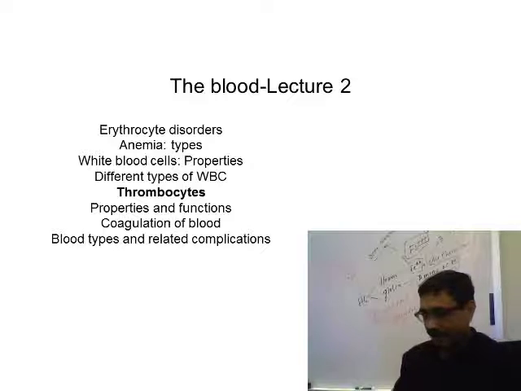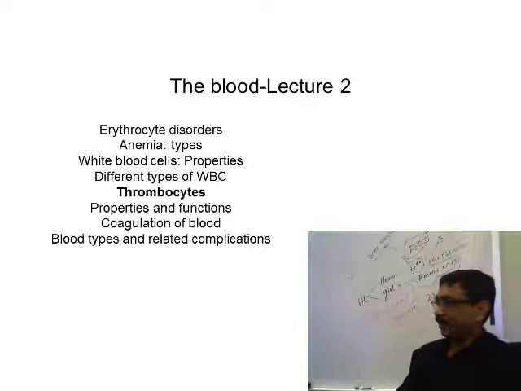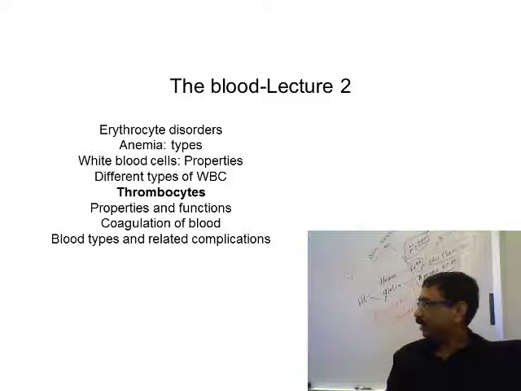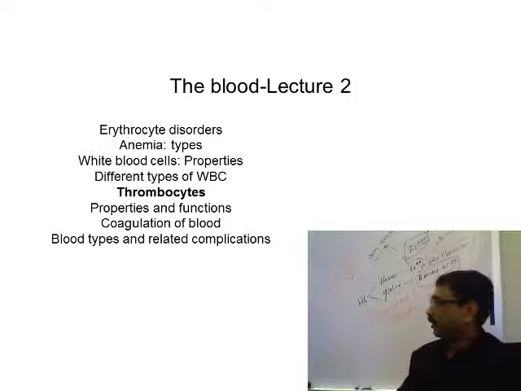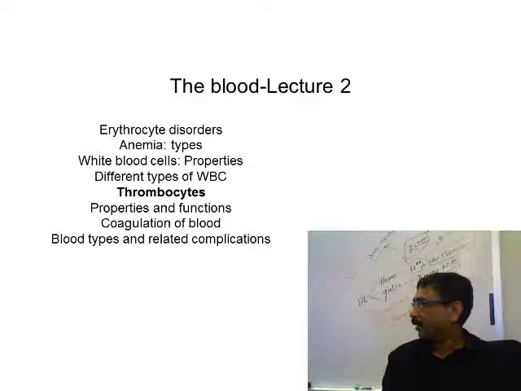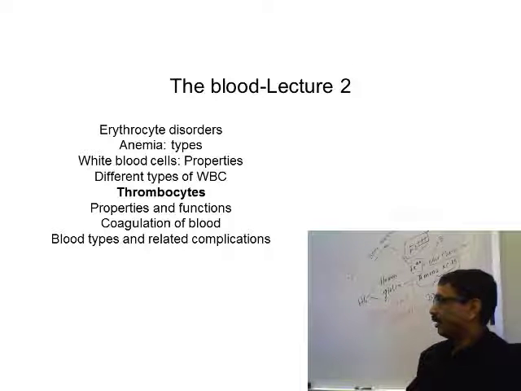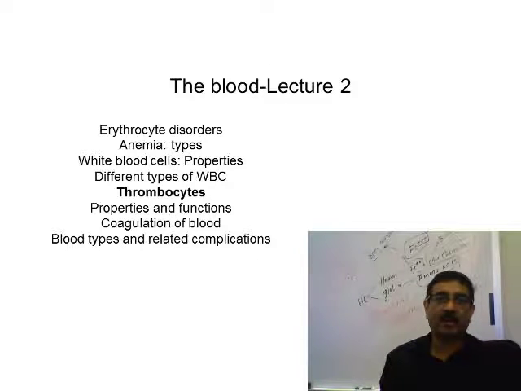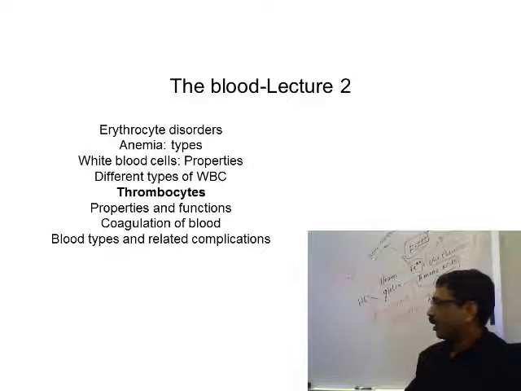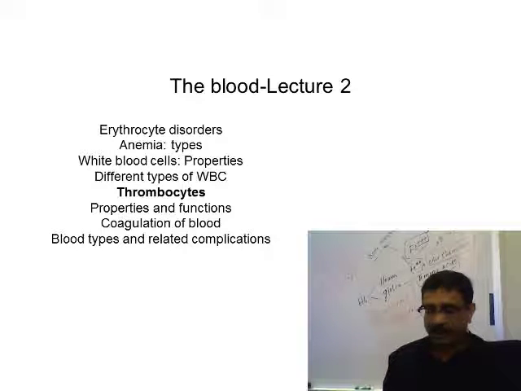Thrombocytes are also known as platelets, right? Platelets or thrombocytes. We'll see the functions, properties, and then we'll talk about the coagulation of blood or blood clot formation. Then we'll talk about the blood types or blood groups.